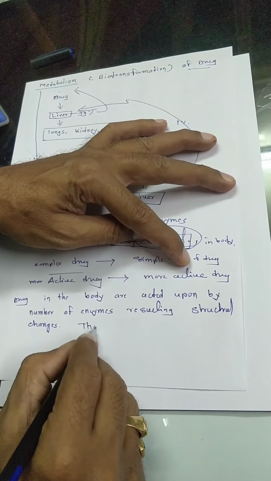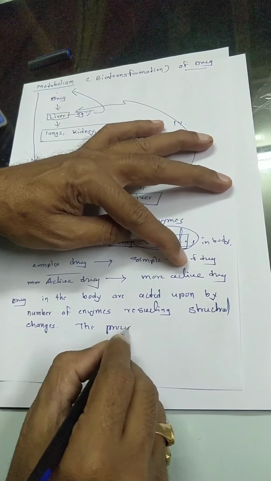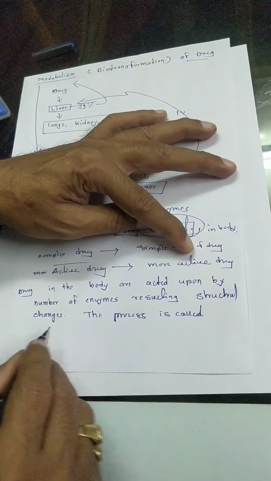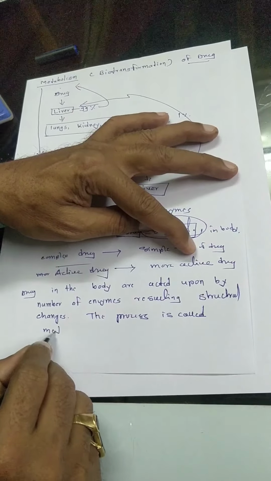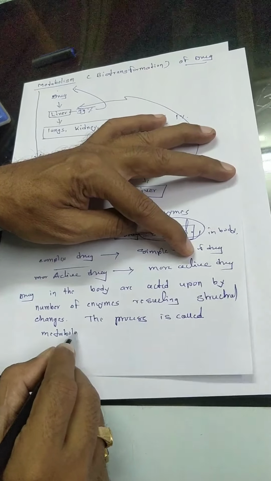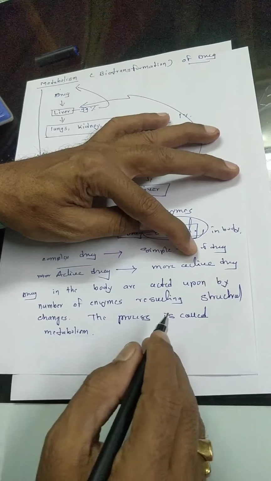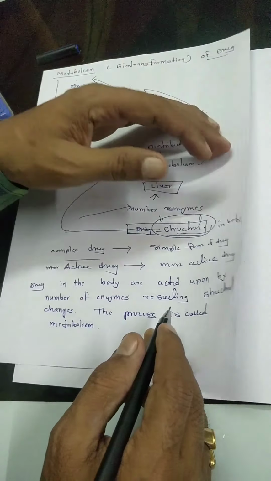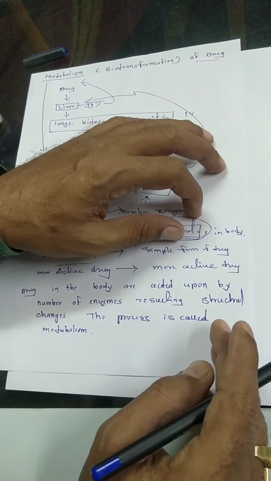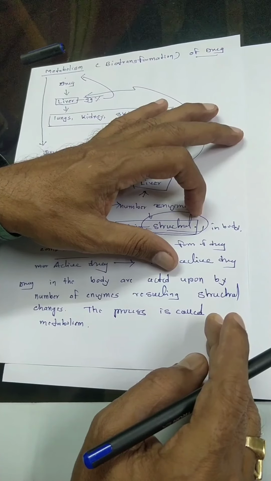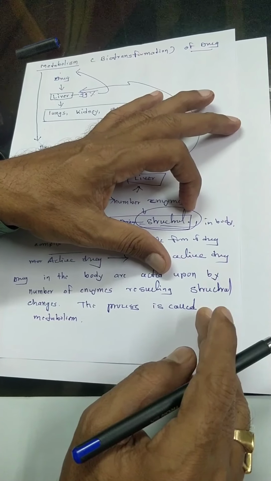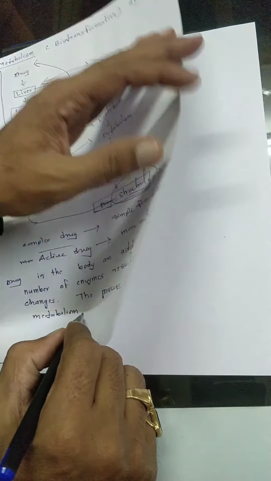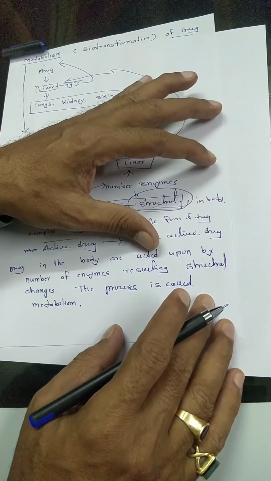The process is called metabolism. In this process, the active drug is converted into a more active drug. Earlier you saw that the most important organ is the liver.